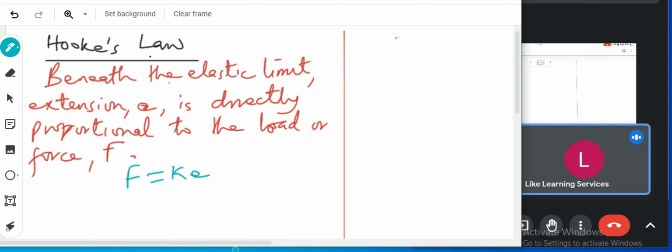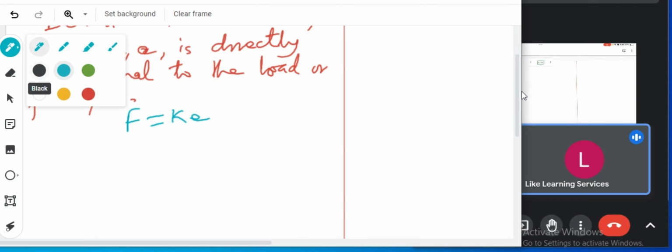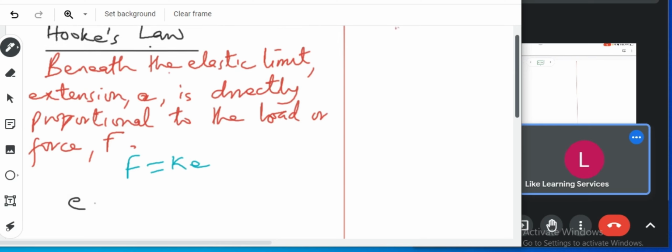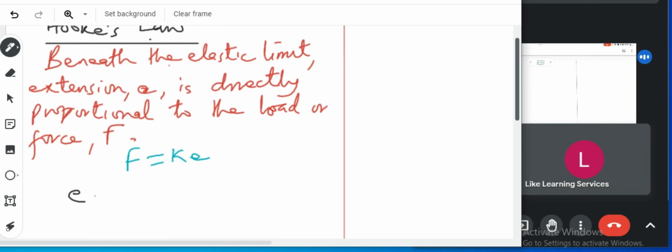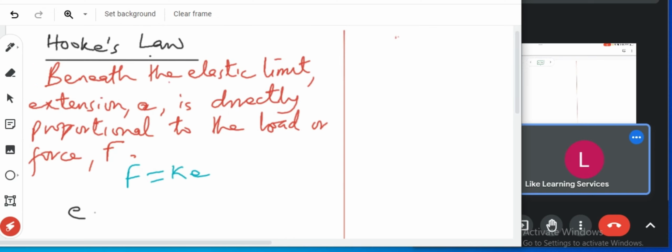Okay, so if we plot the graph of F against E or E against F, by the way, what is the proper way? Based on this definition of Hooke's law, which one is the independent variable?